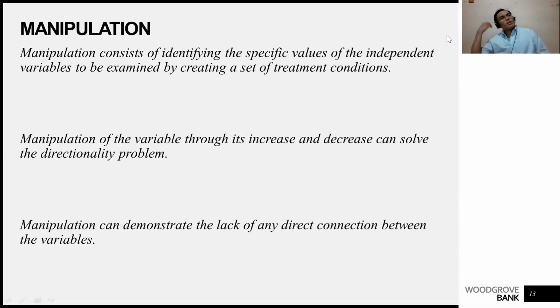So how can we solve the problem in the weight and the mathematical ability? By the use of manipulation. First, we control the weight of the children or the participants. If we have control over the diet, and we manipulate the diet, we can see if the weight increases, supposedly the mathematical ability increases.